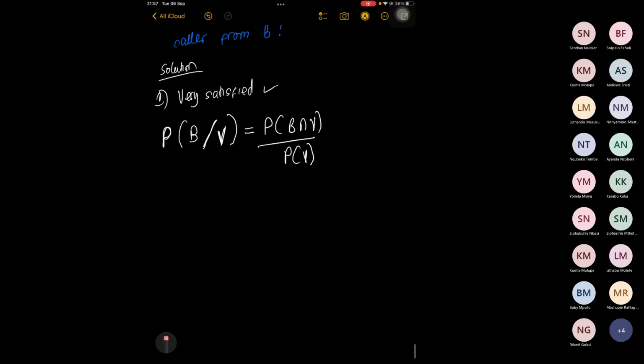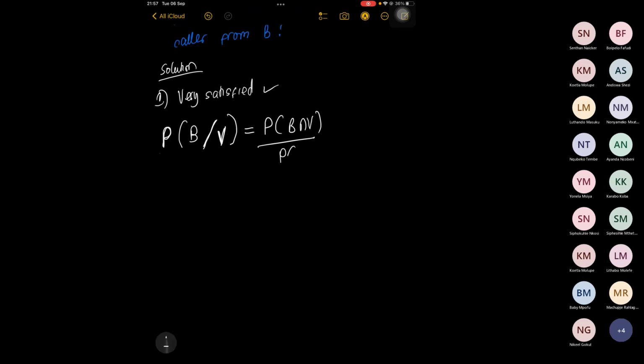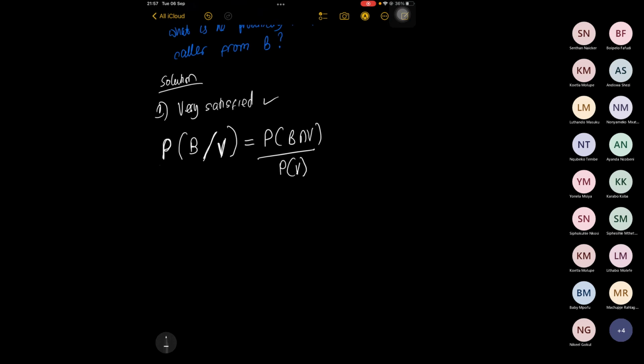Okay, we're here. So I was saying it's going to be the probability of B intersection V over the probability of V. This is what we know, isn't it? But there are two things now that you have to know. We don't have the probability of being very satisfied.